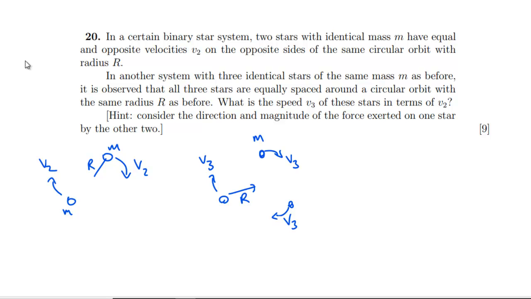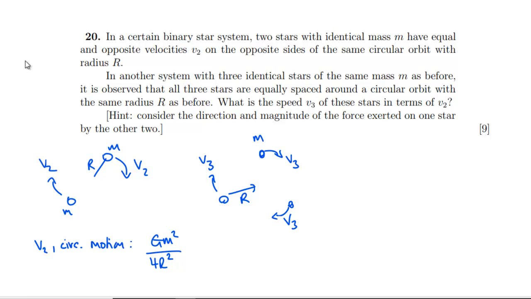These are still m. So we've got circular motion we want to put in on this. For v2 circular motion, we're getting G m m, so G m squared over 4r squared, because the stars are 2r apart, the distance between the masses.